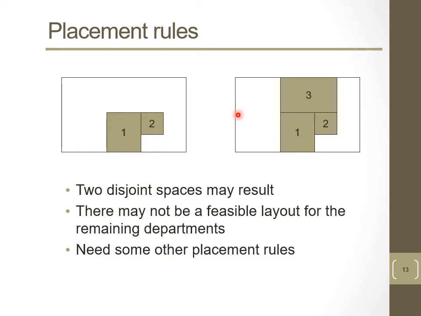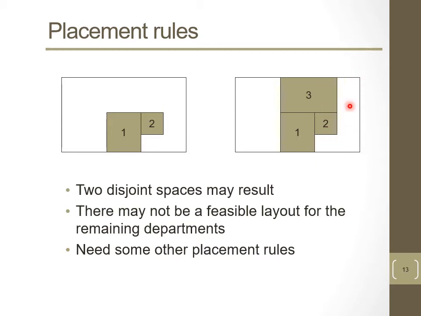Now what happened to this total area? It's divided basically into 2 disjoint parts, okay, into 2 disjoint segments. Then we have the, let's say, 5th department or the 6th department. When you look at their sizes, both the 5th and 6th departments can be larger than this area.